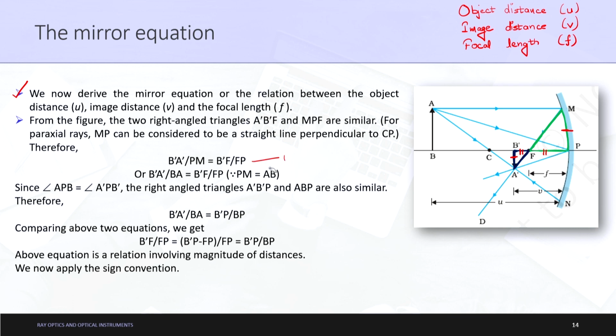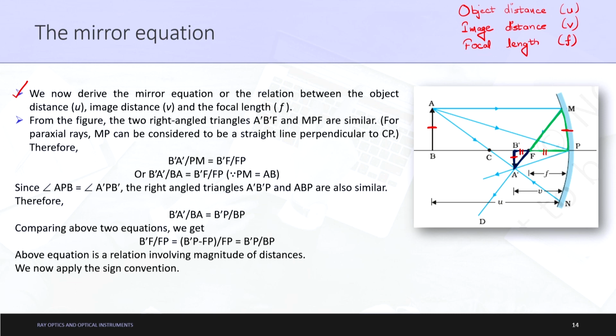Now PM is equal to AB, because both are of the same height. Hence we can write B dash A dash upon BA is equal to B dash F upon FP.